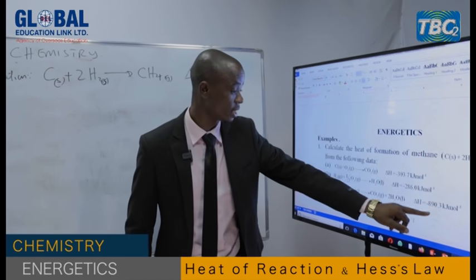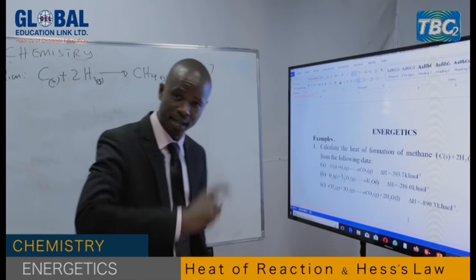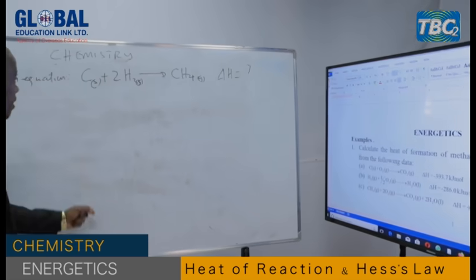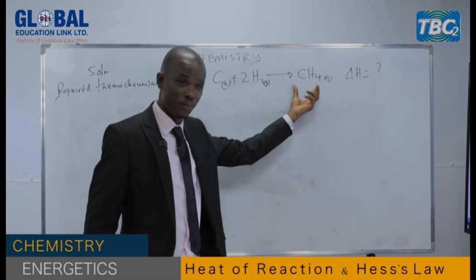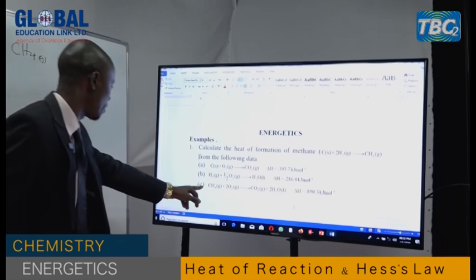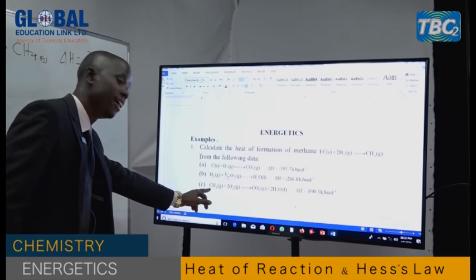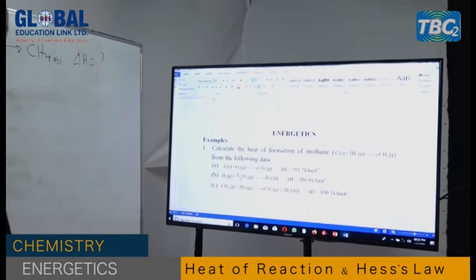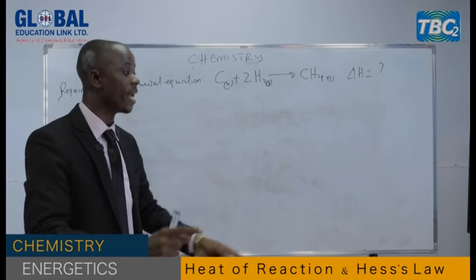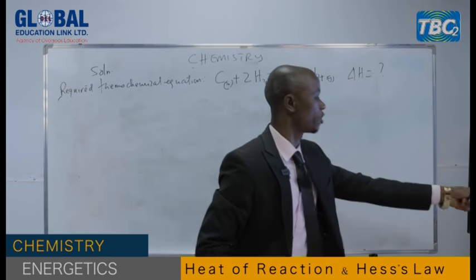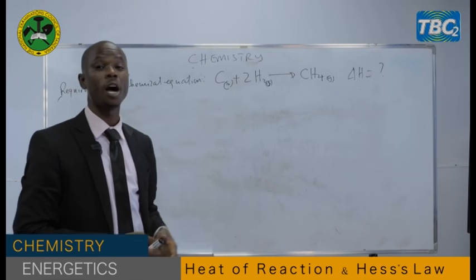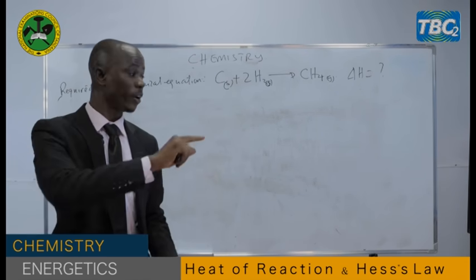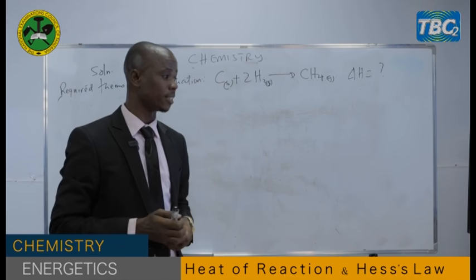The enthalpy change for this reaction is given. But in the required equation, methane is a product, while in the given equation, methane is a reactant. What are you going to do? We have to change that methane to be on the product side. So we have to reverse equation C.